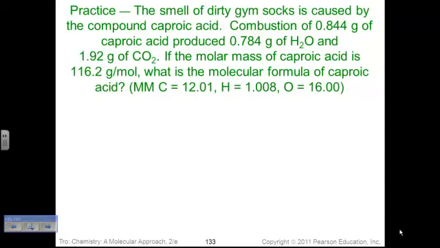The molar mass of caproic acid is 116.2 grams per mole. What's the molecular formula of caproic acid? Lots to digest. Spend some time pausing the video. Don't just play ahead. Pause the video, work through it, and start up when you're ready to check your answer.